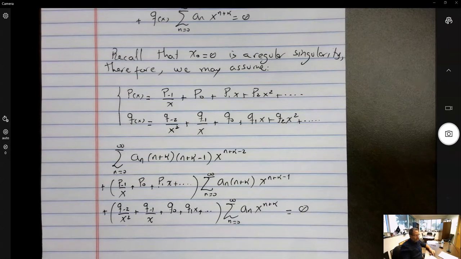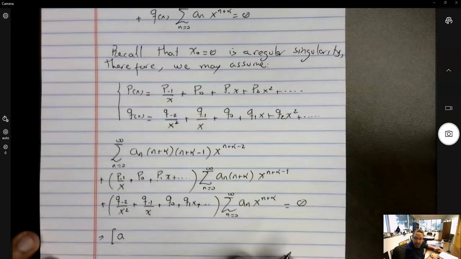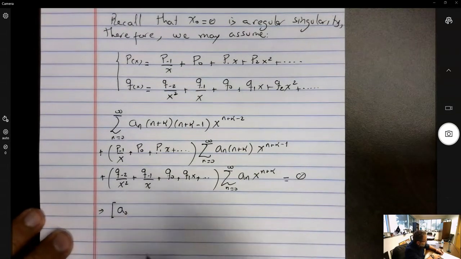Right? So then I can rearrange these, and I can very easily show that this would look like this. So I'm going to try to squeeze this into these three lines. This will be a0.